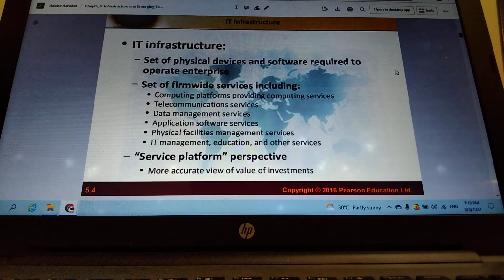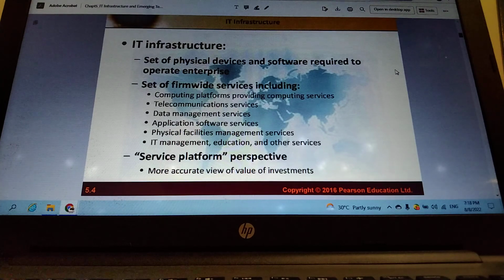The other definition for IT infrastructure is known as the service platform perspective. This is more about the view of value of investment.